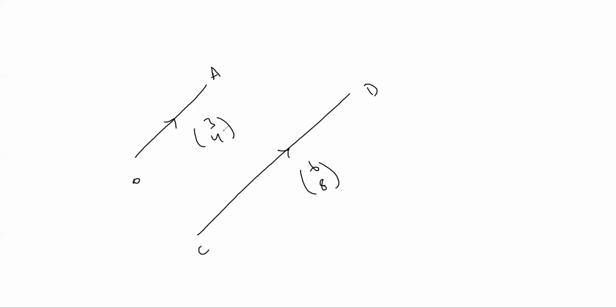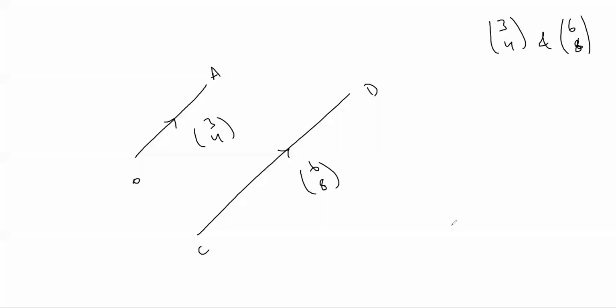So two vectors are parallel if they have the same direction vectors. Now this vector is 3, 4 and the other vector is 6, 8. Why am I saying that they have the same direction vectors? Because if we simplify 6, 8, or take 2 common, we are left with 3 and 4. Exactly. So from here, you see that a direction vector can be simplified.